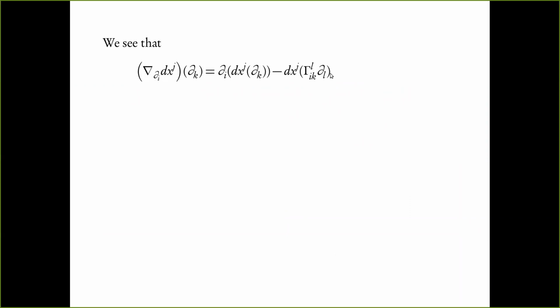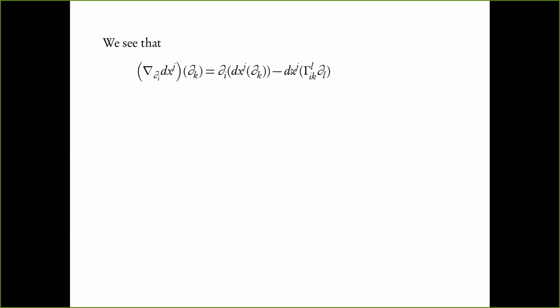So it's a sum, Einstein summation convention. This is Gamma_ik^l because this is nabla del by del i of del by del k, and this dxj acts on this. So what happens to the first term? Well, this is simply going to be delta jk. Remember, this is a dual basis. So this is delta jk. And what about here?